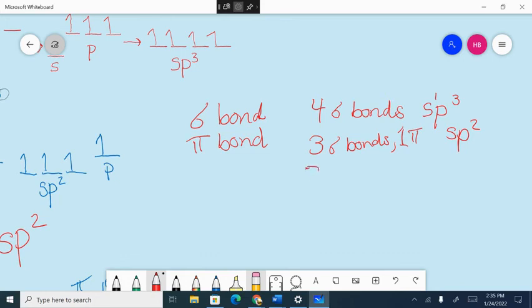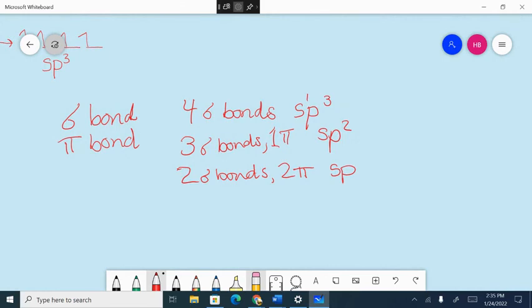If you have 2 sigma and 2 pi, it is sp hybridized. So this is going to tell us single, double, triple.